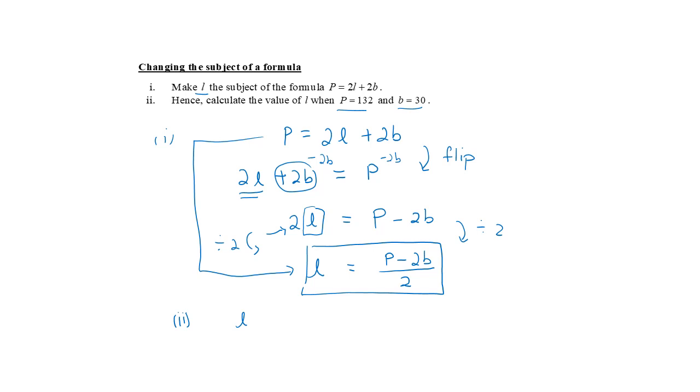L will be equal to 132 minus 2 times 30, over 2. You key this into your calculator and you should be able to get 36. So this is one type of manipulating the formula to get the subject that you want.